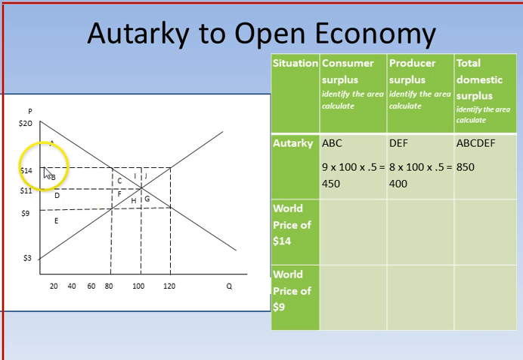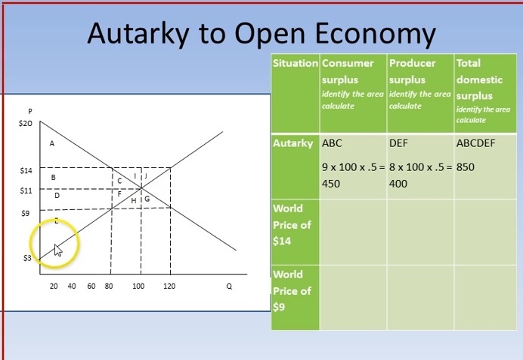So here my consumer surplus falls to area A, but my producer surplus grows to B, C, D, E, F, I, and J. So we're going to capture this little area here.